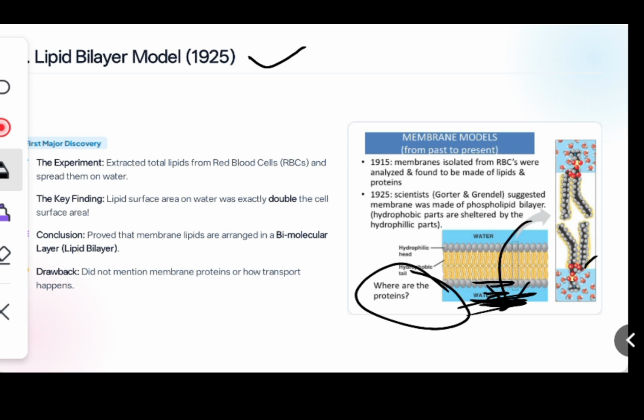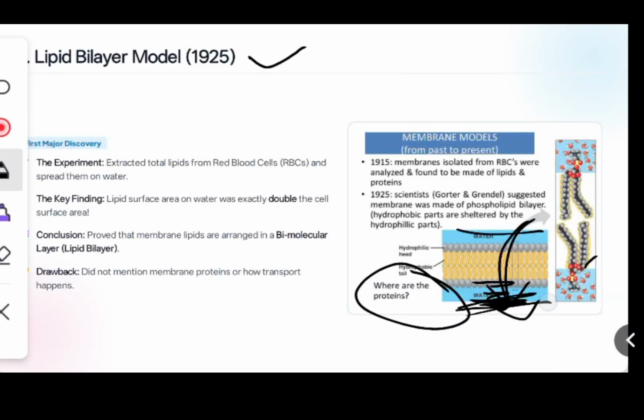Some molecules enter only through proteins, and some molecules cannot pass through the lipid bilayer. Lipid soluble molecules will enter through the phospholipid layer. But what about protein soluble molecules? They can't enter because no protein layer is mentioned here.